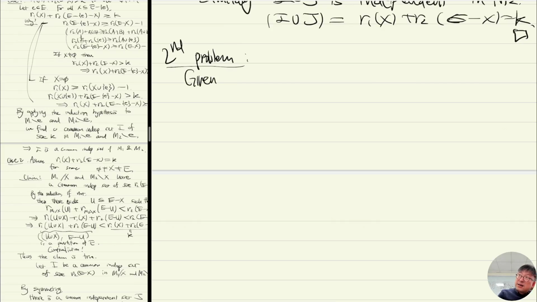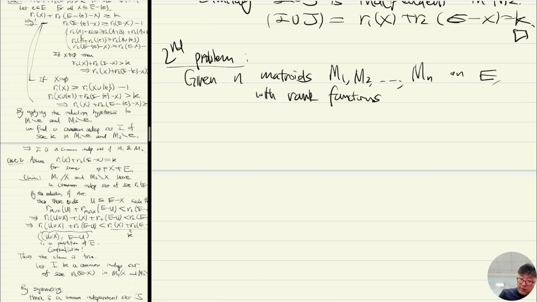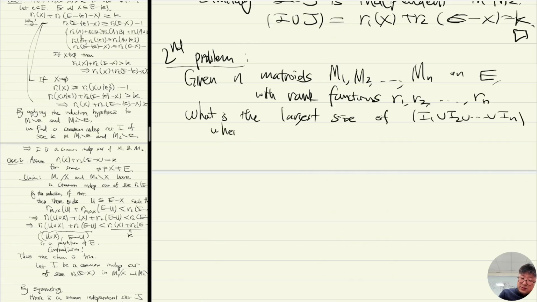Given n matroids M1, M2, up to Mn on the same ground set E with the rank functions R1, R2, and Rn, what is the largest size of the union of independent sets, where Ii is independent in Mi for all i?